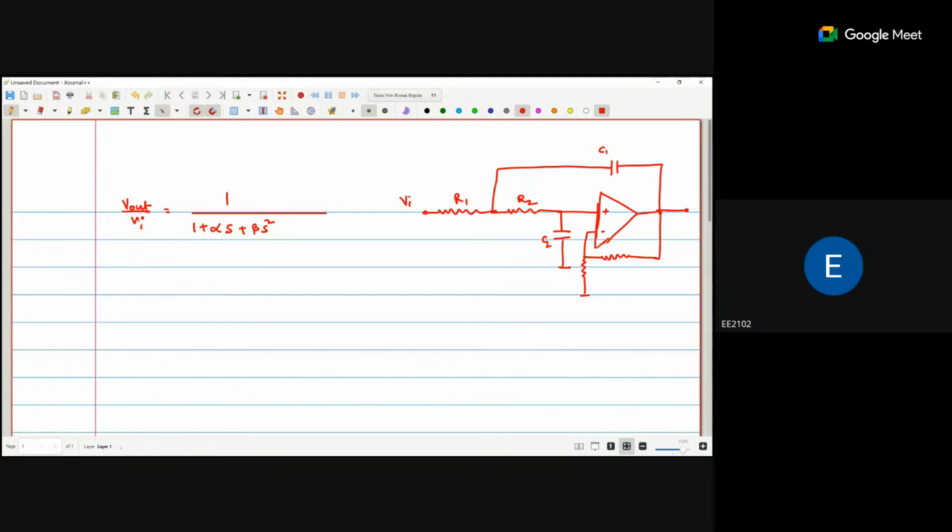Now, you can see there are two RC circuits: one RC circuit is this R1 C1 combination, and one is this R2 C2 combination.